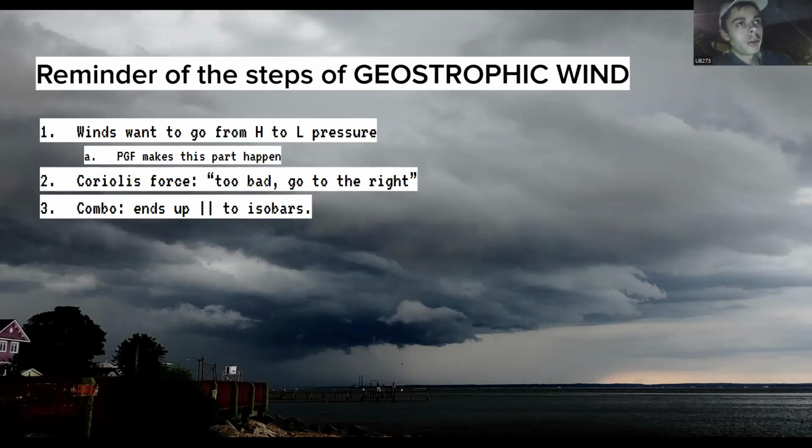In the southern hemisphere, it deflects to the left. But northern hemisphere is what we care about for weather anyways, because we're talking about United States weather. So the Coriolis effect is going to make it go to the right. And when they are in combination, eventually over time, they end up parallel to the isobars.